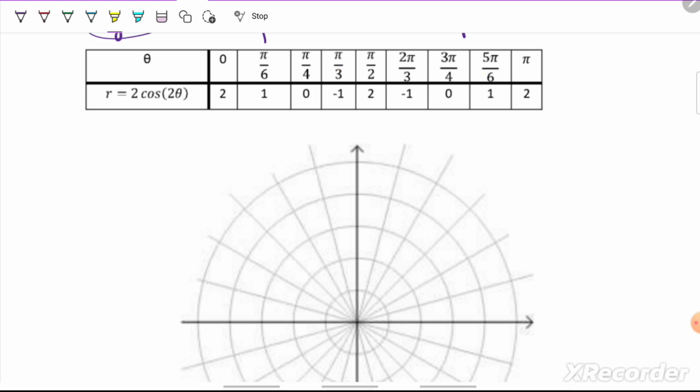Well, let's plot some points. Starting with our angle 0, we're going to go out 2 rings. At pi over 6, we're going to go out 1 ring. At pi over 4, we go no rings, so at the origin, at the pole.